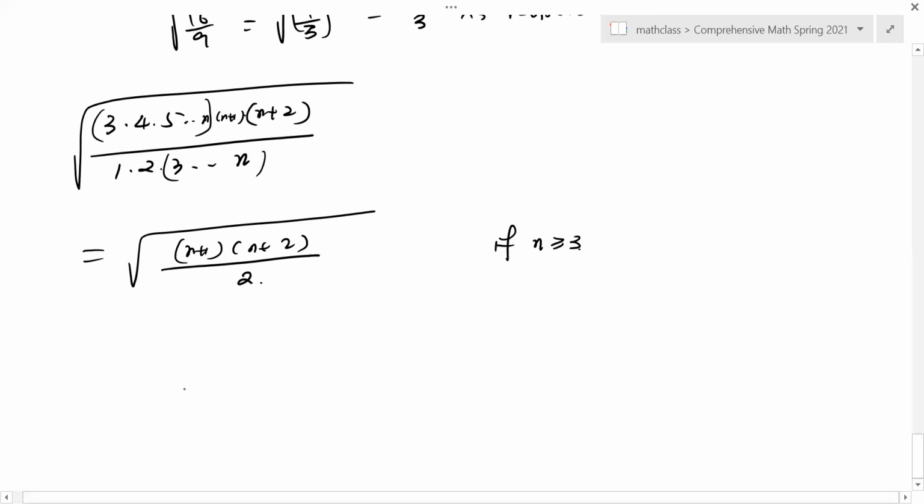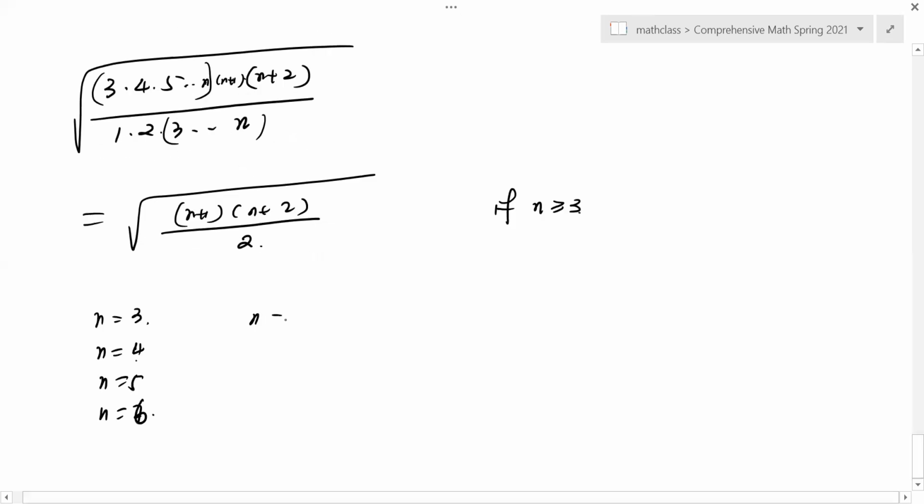Just try, and you can see when it's going to be a perfect square. Let n equal 3, 4, 5, 6, and finally, when n equals 7, you get 8 times 9 divided by 2, which is 4 times 9, which is 36, which is 6 squared.